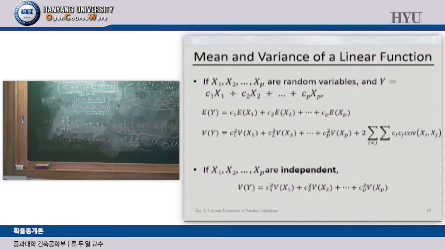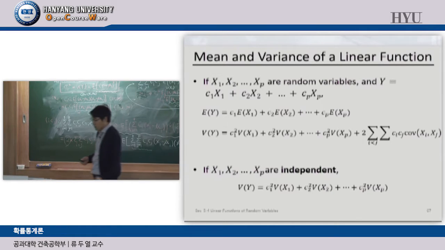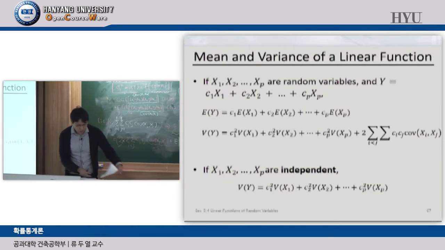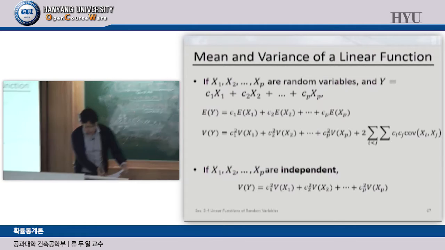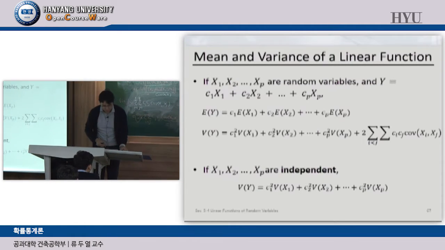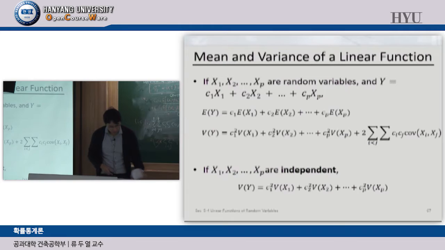Okay? So in the case of independence, we can simplify this equation to this one, since the covariance is equal to 0. Okay? So this is the mean and variance of the linear function of multiple random variables.